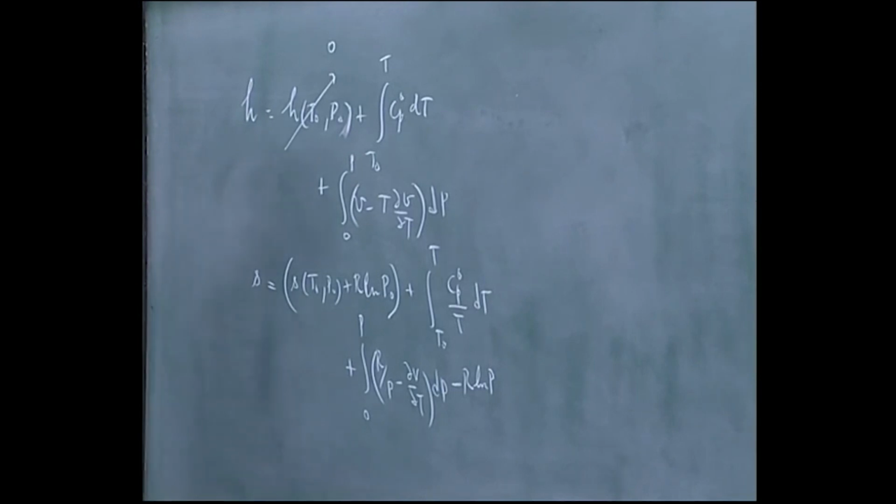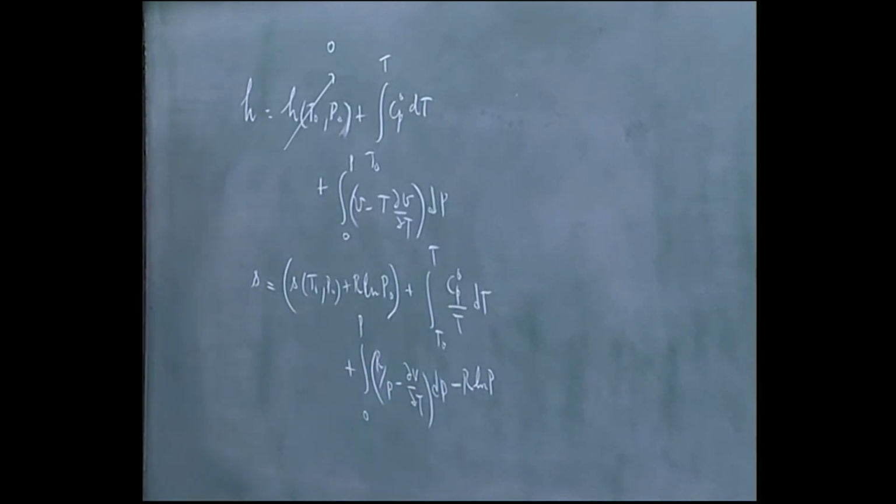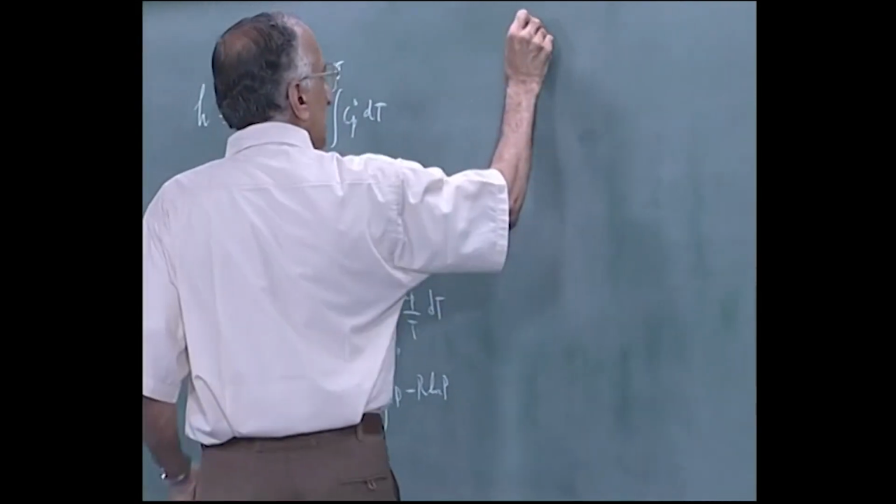You can check it out, there may be a plus R ln P0 minus R ln P, is that okay? Yeah, thanks. So these are the two expressions that we use, and we started drawing the chart.